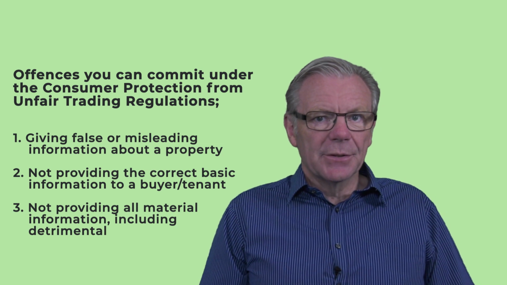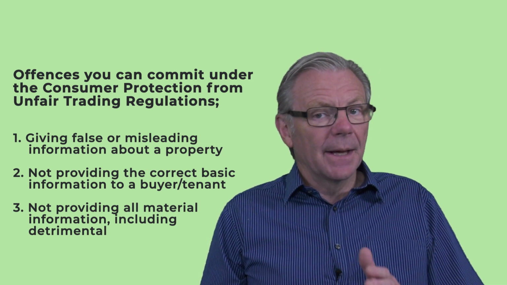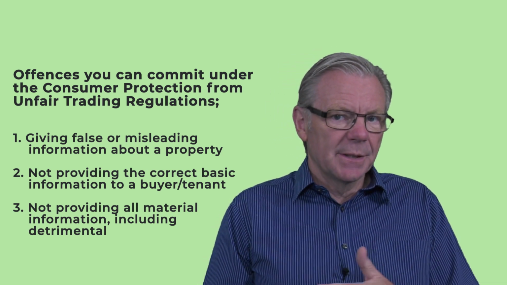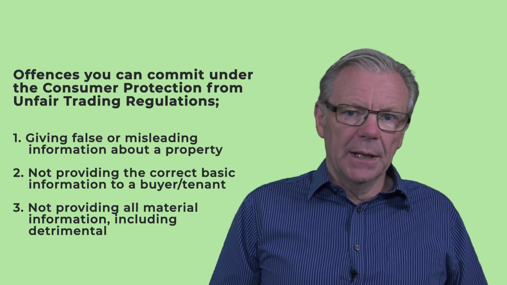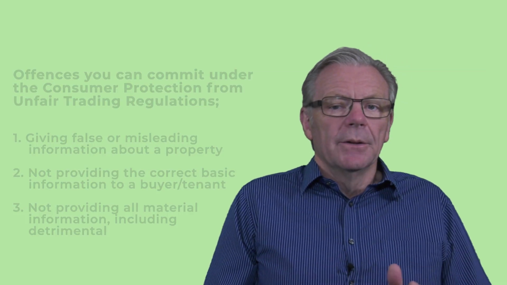And the third thing is that you provide all the material information that they require. That includes the detrimental information, so that nobody enters into a tenancy or buys a property without fully being aware of all the situations.